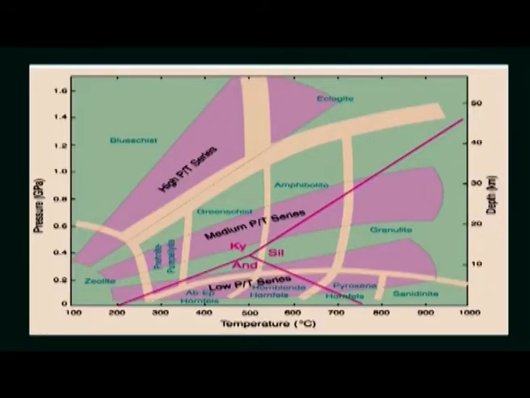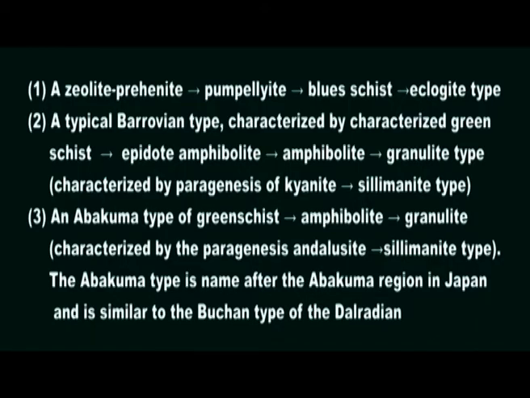On the basis of pressure and temperature, we can divide the metamorphic facies into three types, mainly: 1. Facies of low pressure, 2. Facies of intermediate pressure, and 3. Facies of higher pressure. Miyashiro originally recognized three different facies series. Number 1, a zeolite, prehnite, pumpellyite, blueschist, eclogite type.